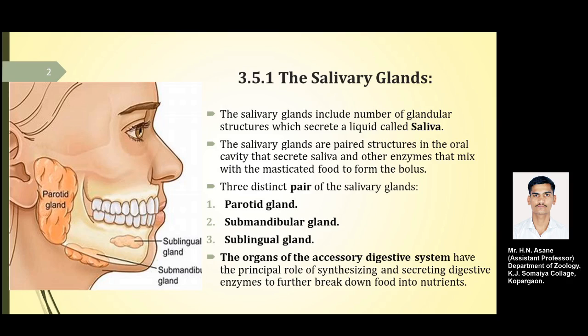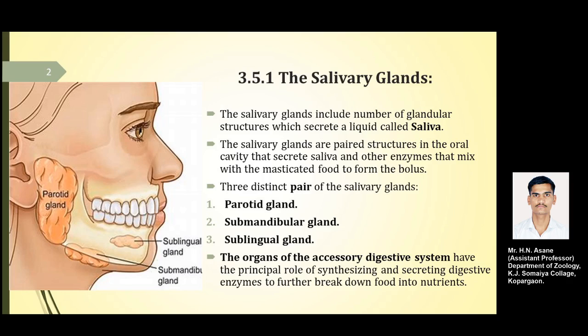As you can see in the picture, the largest gland, situated near the ear, is the parotid gland. Below the mandible is the submandibular gland, and below the tongue is the sublingual gland. Three distinct pairs of these salivary glands are present.